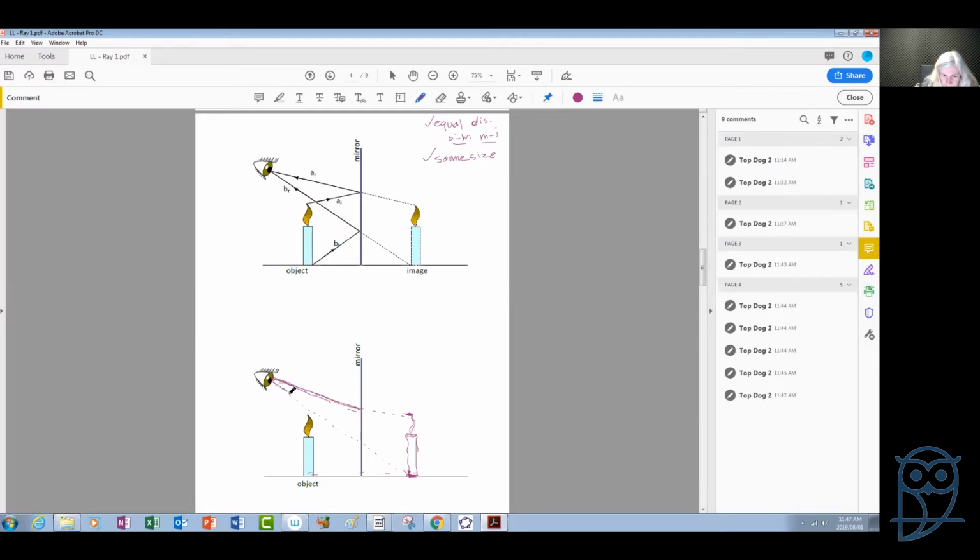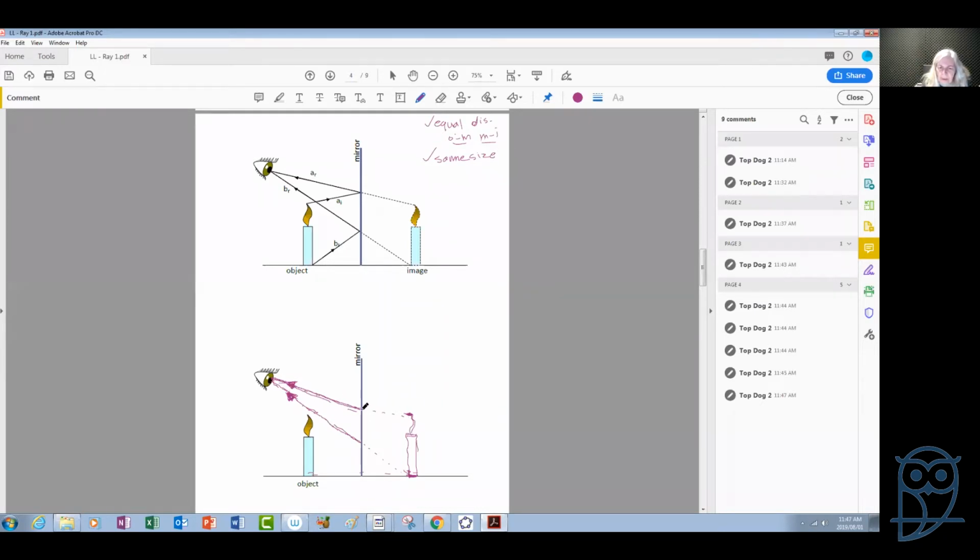Up to the mirror, I can draw them as solid. Solid lines represent real rays that our eye receives. And because our eye receives those rays, remember to use arrows to show the path of the rays entering our eyes.